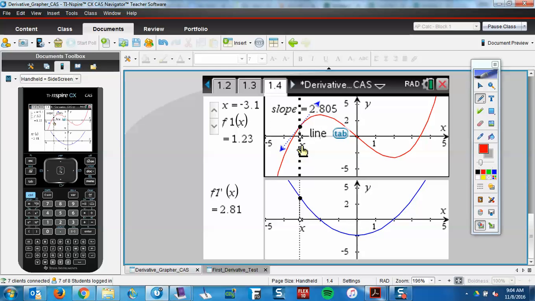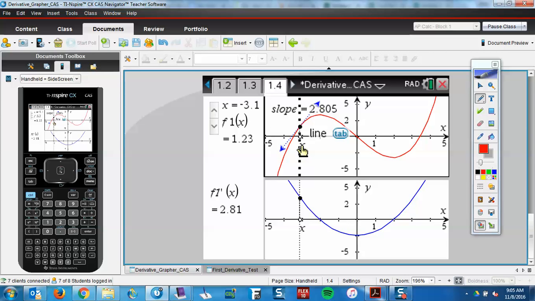So if we're going to talk about this a little bit, in your book on page 55, 56, it talks about increasing, decreasing, all that stuff. Now, we do want to make one thing clear, a little bit of a technicality. If I say the graph is increasing, then its y values are getting bigger and bigger, or smaller and smaller would mean decreasing.